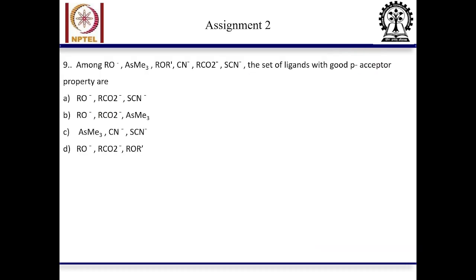Among RO minus, ES3, Me3, ROR, Cr minus, Cn minus, RCO2 minus, this is down, is Cn minus, the set of ligand with good pi acceptor. Can anyone just write? So basically a pi acceptor will be that one which can accept the pi electron from the metal.